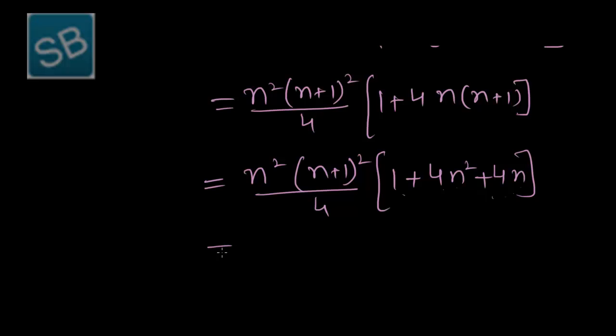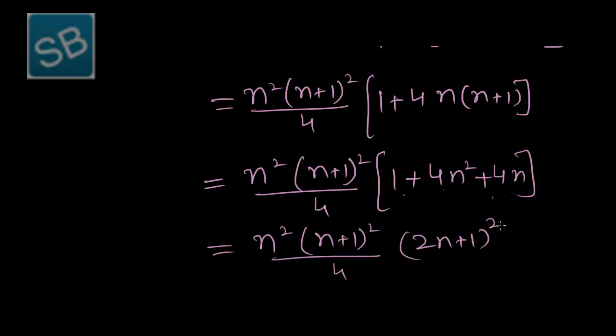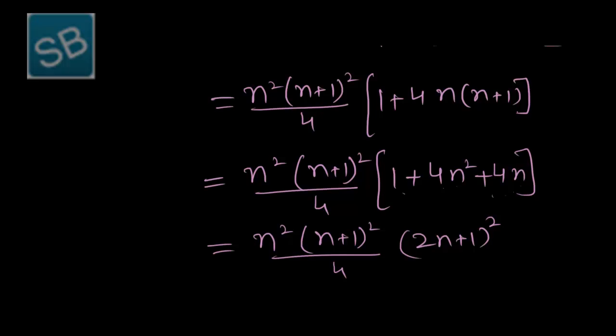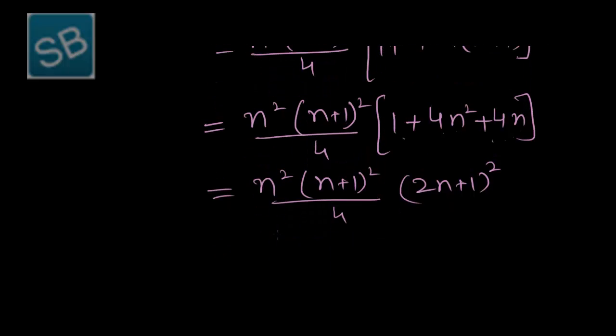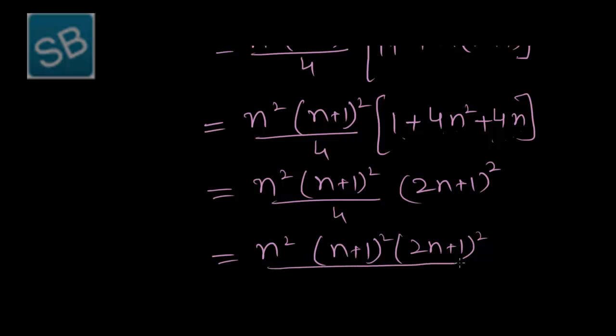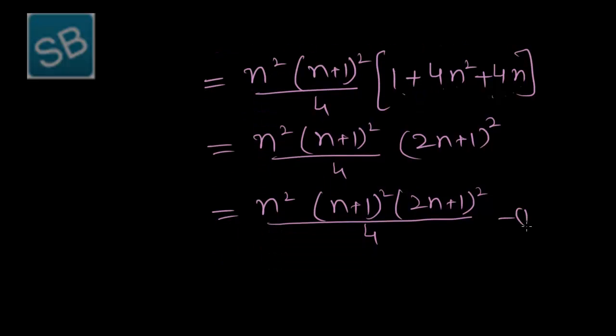So it is the square of (2n plus 1) whole square. That is, we get n square (n plus 1) whole square (2n plus 1) whole square over 4. So this is number 1.